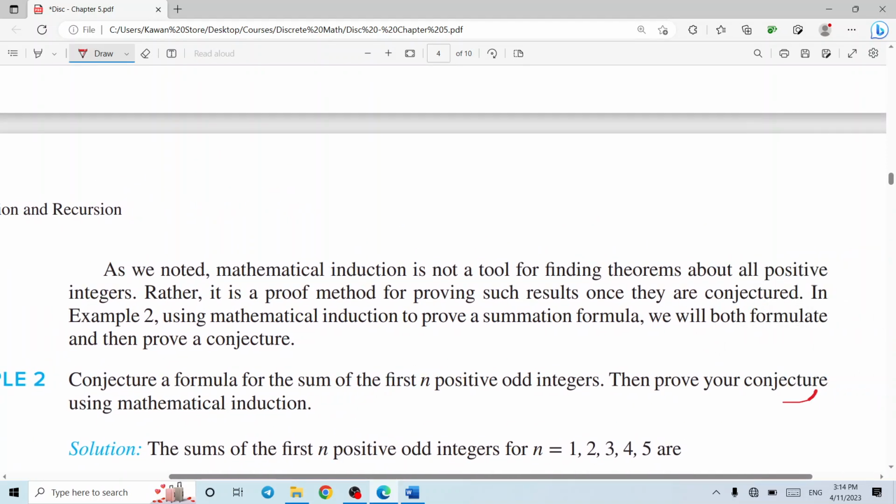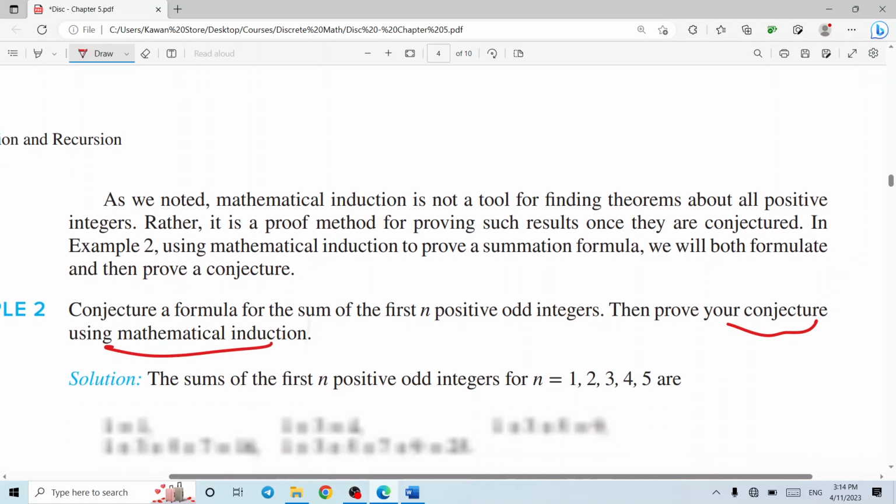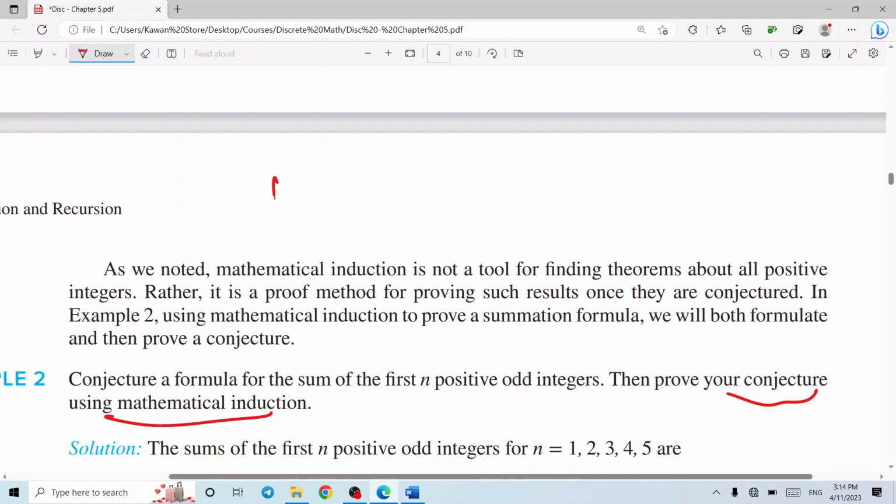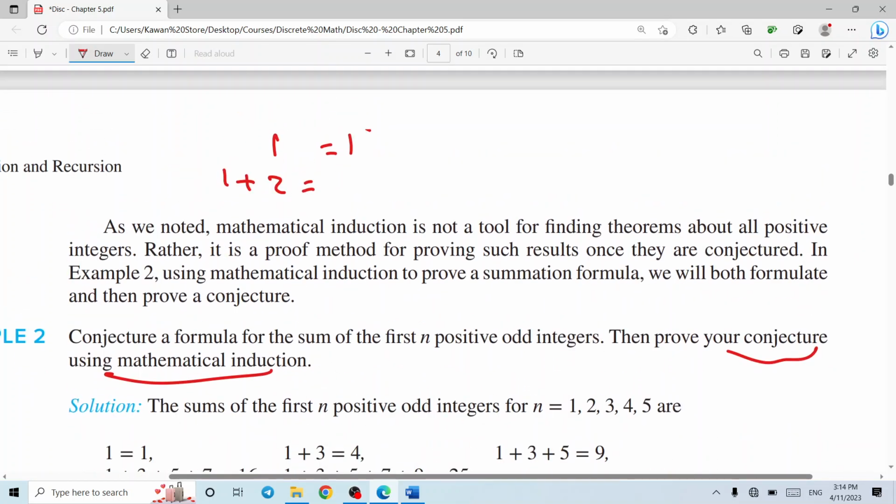We have a conjecture. I'll show what a conjecture is in mathematical induction. If I have 1, it is equal to 1 squared. If I say 1 plus 3, I'll get 2 squared, right?